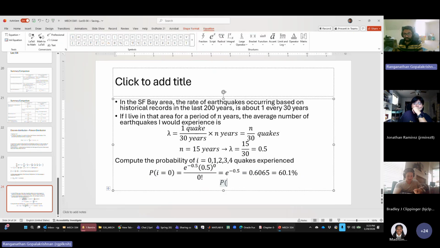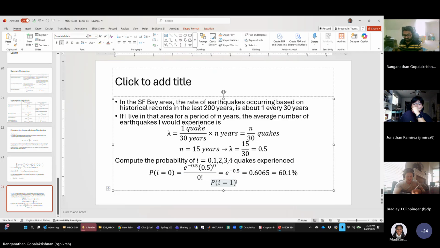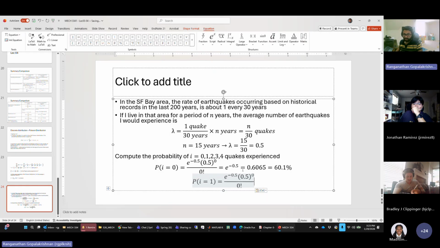All right. Probability of i equal to 1, or in other words, the chance of experiencing exactly one earthquake, would be e power minus 0.5 times 0.5 power 1 divided by 1 factorial.